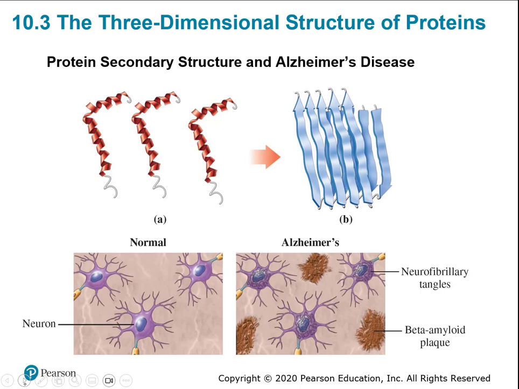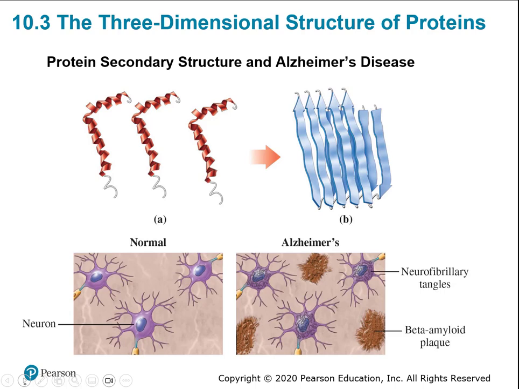Somebody with Alzheimer's, though, those proteins lose that alpha helix, and instead you find that they form these beta plaques. So these plaques are actually where the proteins, instead of having the coil, form that pleated sheet arrangement, but then they begin to stick together.